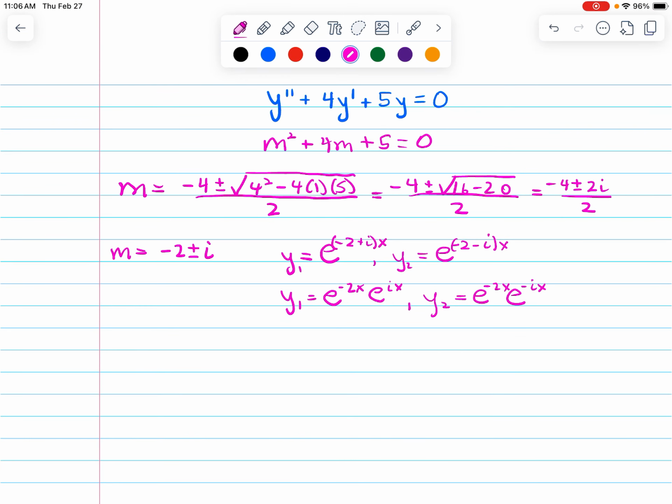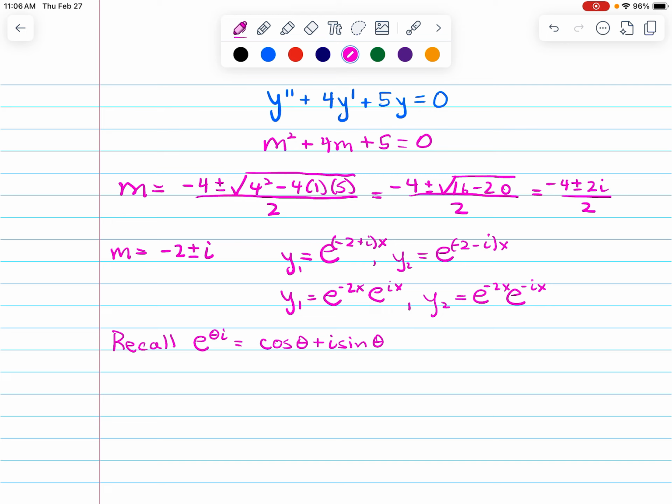So this is what we have. Now, recall that e to the theta i, this is something you've seen before. E to the theta i is equal to cosine theta plus i sine theta. And you can derive this formula through Maclaurin series, but right now, let's just take this as a given.